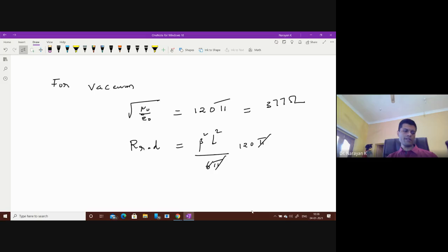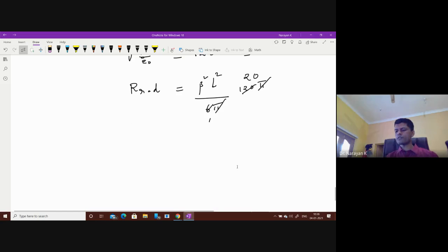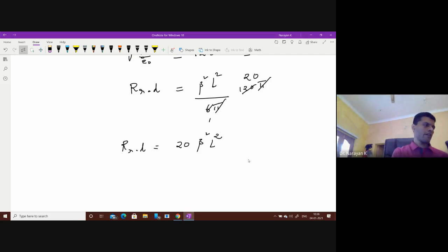This will be 6 ones are 6, 20s are. So your radiation resistance will become 20 beta square L square. This is your value of your radiation resistance.